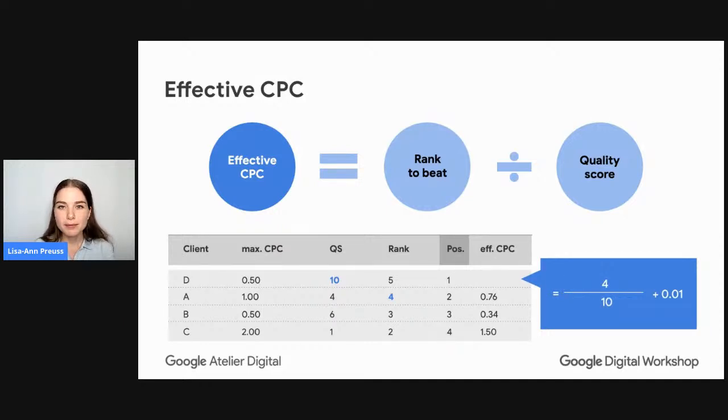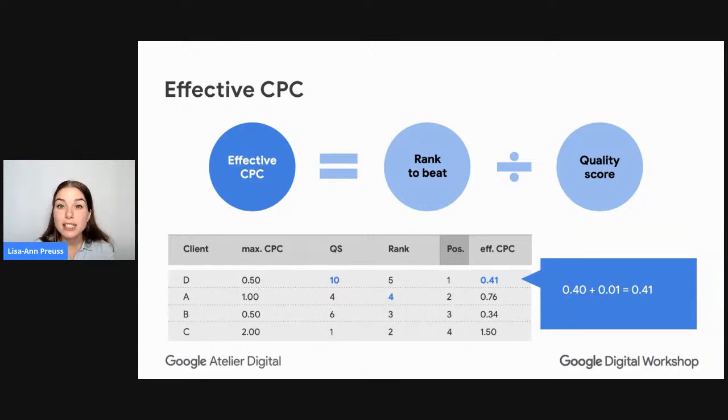And then, going back to that auction I mentioned earlier, relatively speaking, we still need to pay a little bit more than the next bidder. So what happens is we add 1 cent. That's right, only 1 cent more, relatively speaking, than the next bidder. In other words, client D's effective CPC would be 4 divided by 10 plus 0.01, which gives us 41 cents.